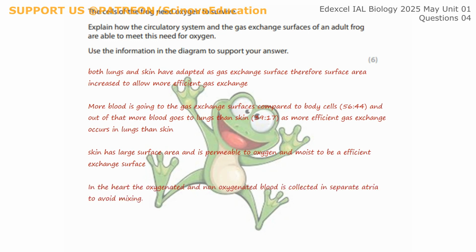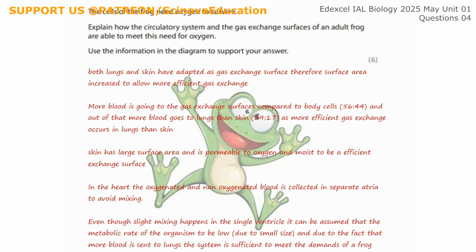In the heart of an amphibian, the frog, as shown, the oxygenated blood and non-oxygenated blood is collected separately in two atria to avoid mixing. But in the ventricle, a slight mixing happens, but it should not be a very big problem because of the small size. It's a frog, so it is having very minimal metabolic needs, so we can assume that it is enough for the frog.